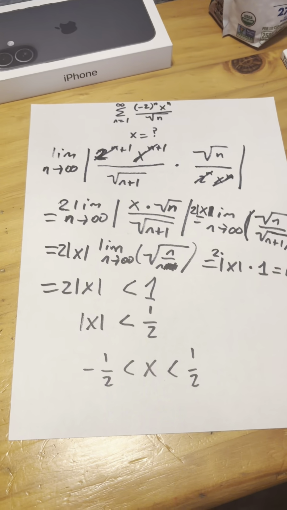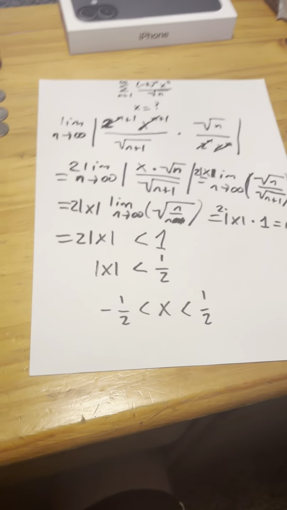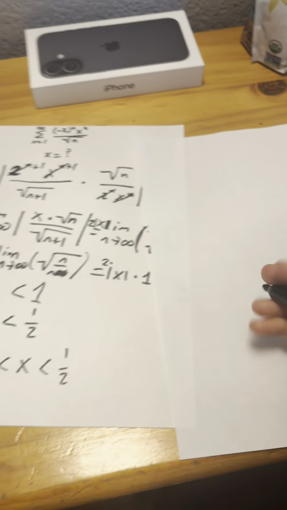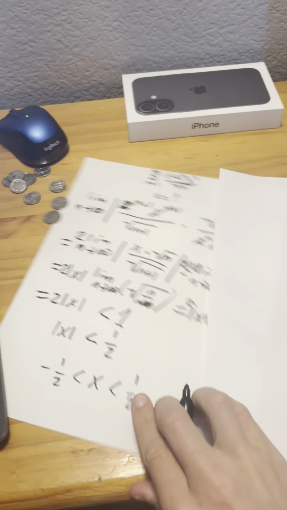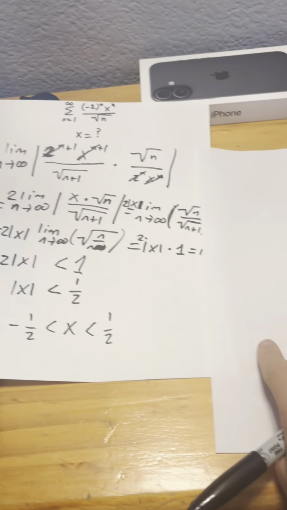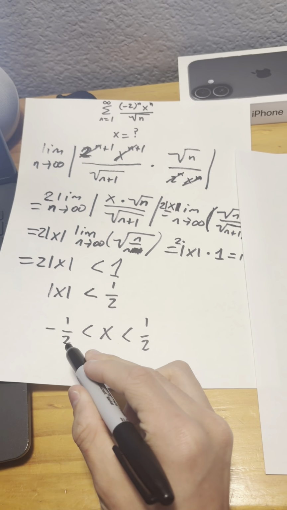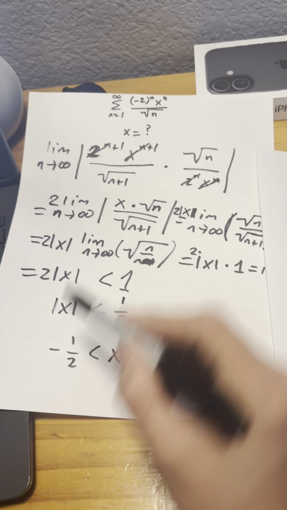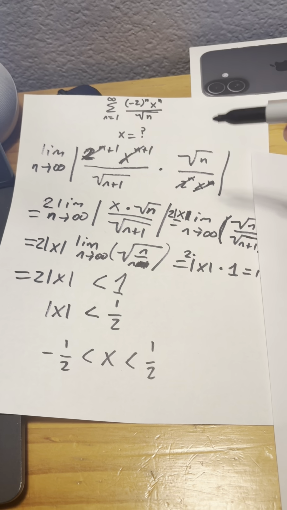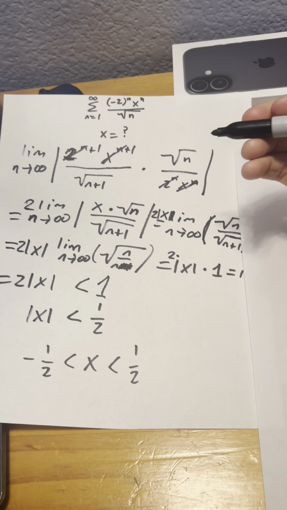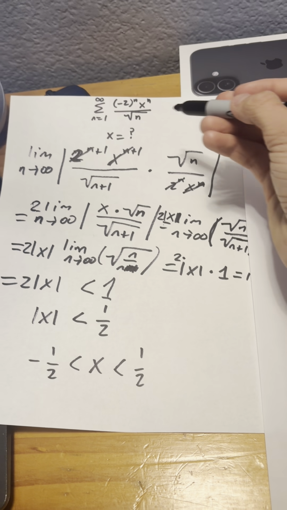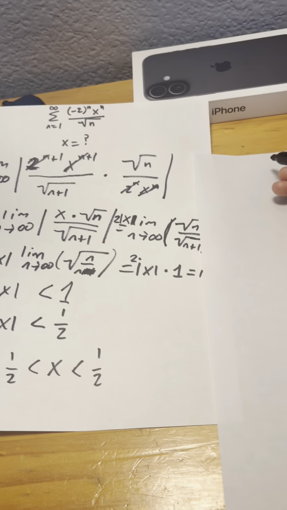I need another paper. All right, so first, let's test negative 1/2. By doing it, we just plug it in for x and see if it comes out convergent, like it doesn't blow up to infinity.